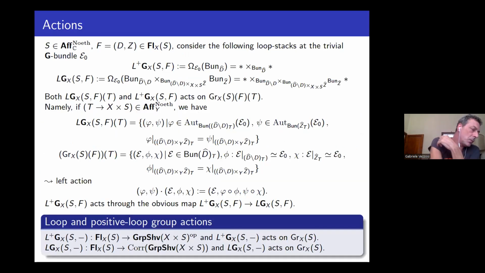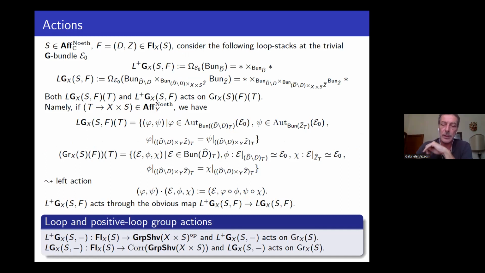So let me skip these things. In the next two slides, I prepared some actions. Of course, there is a notion of the positive loop group, a notion of the full loop group, and there are actions of these on the Grassmannian with the fixed flags.